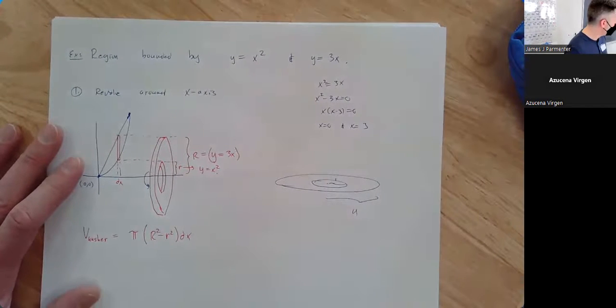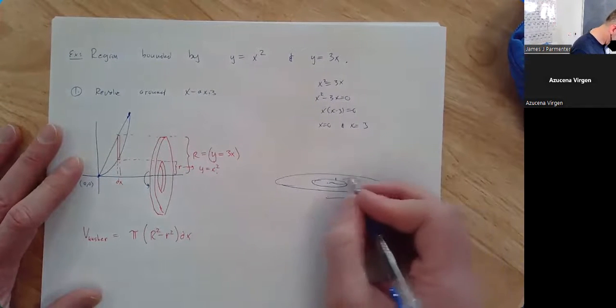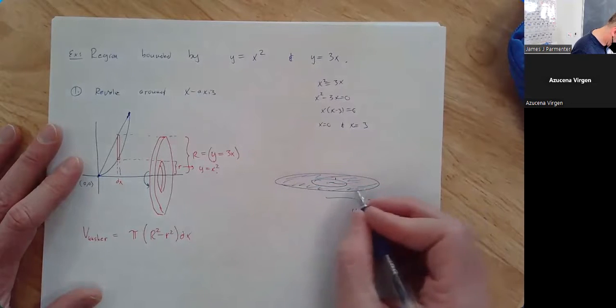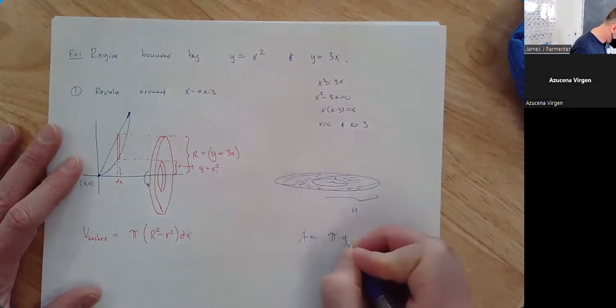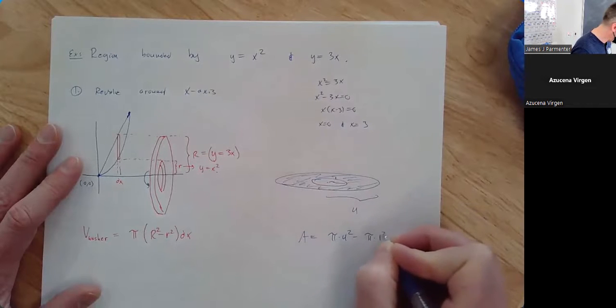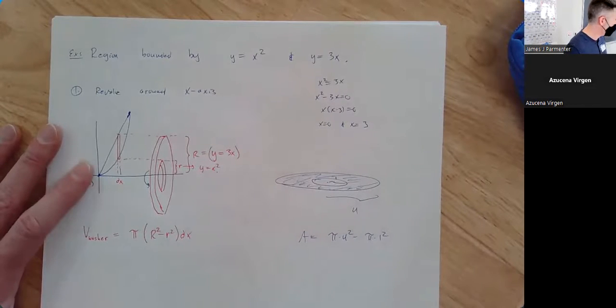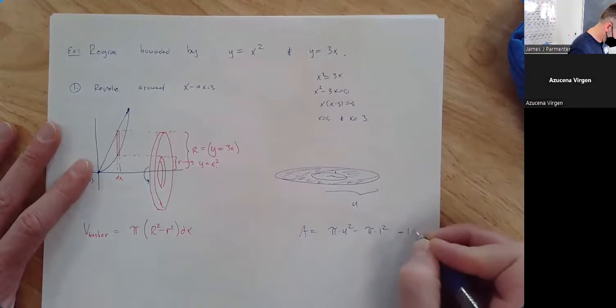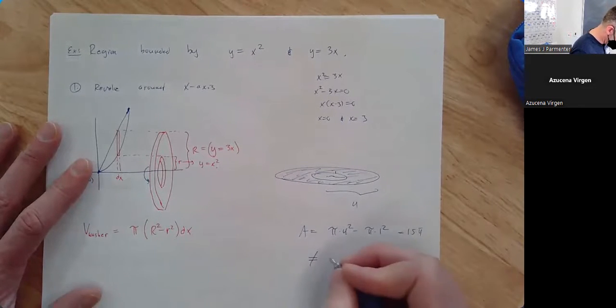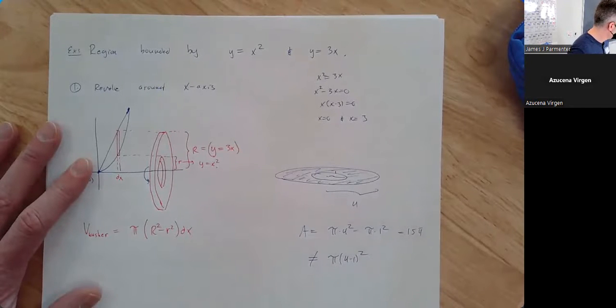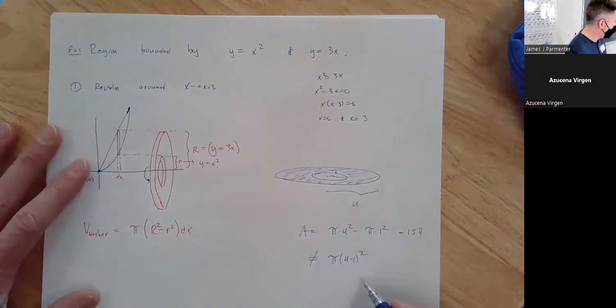The area of the difference here, that washer, is going to be pi times 4 squared minus pi times 1 squared. And that's definitely 15 pi. And that's definitely not pi times 4 minus 1 squared. It's not. 4 minus 1 is 3. 3 squared is 9.